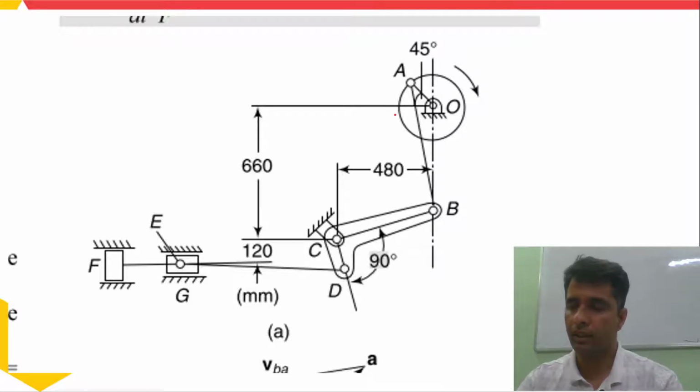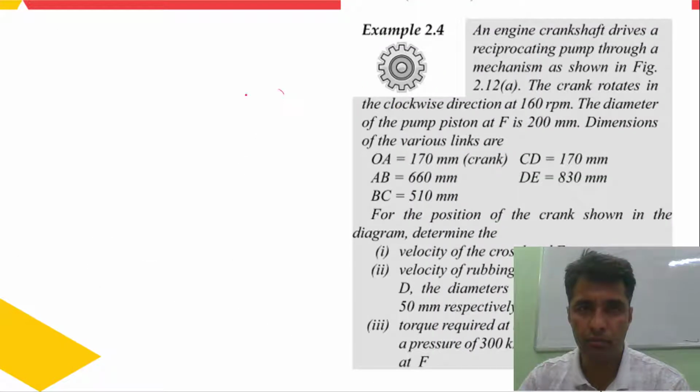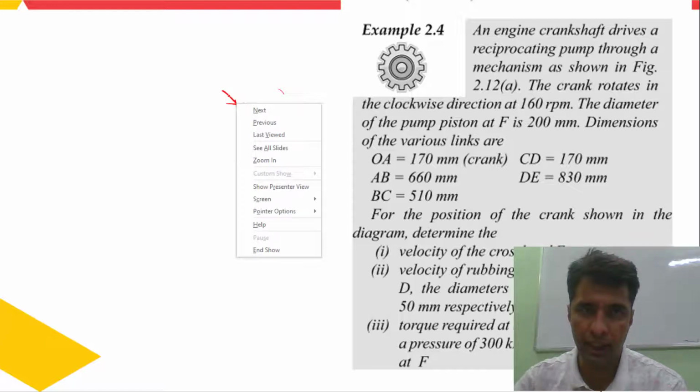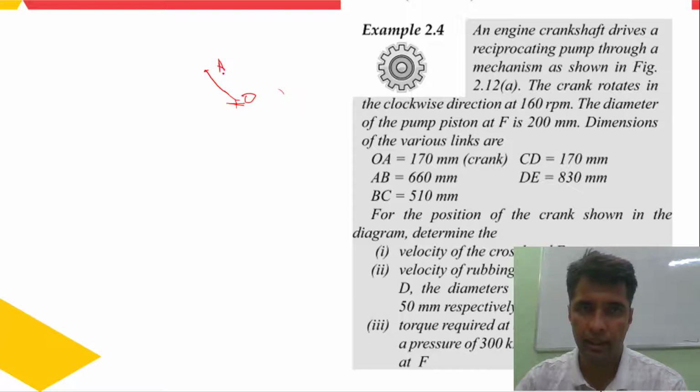How has it been done? Let us look here. First of all, mark the point O. Then from O, draw a line at a 45-degree angle. This line you have made, you can call it OA, and it makes an angle of 45 degrees with the x-axis.